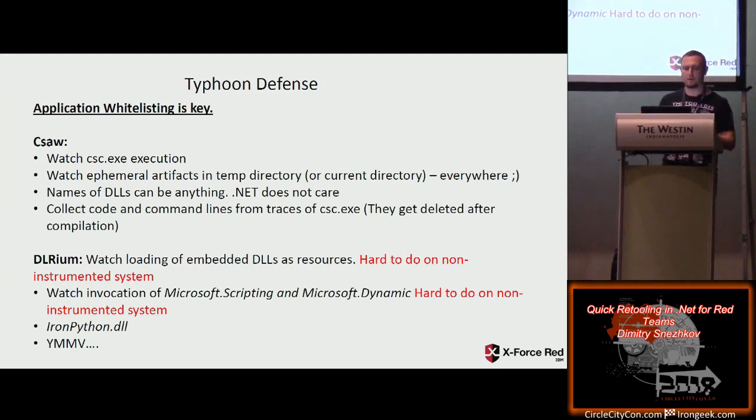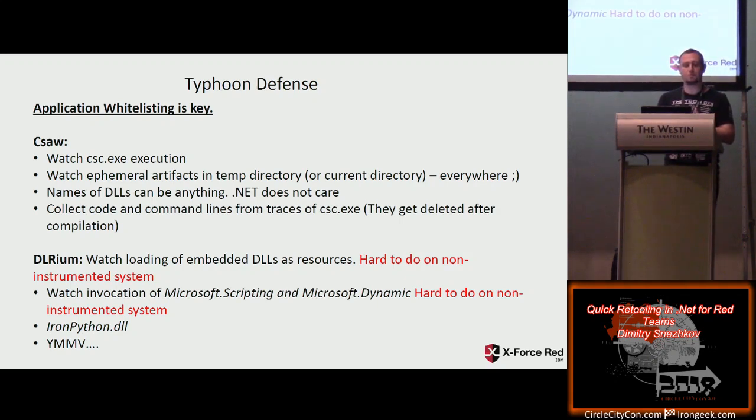For Delirium, dynamic Python, it's harder. I will admit that you need to watch for loading of embedded DLLs as resources, which is a non-instrumented system. It's very, very hard to do. Right now it's not hooked, but it may be in the future.